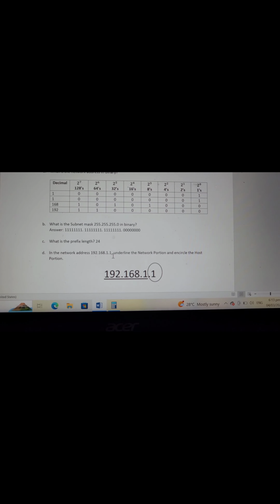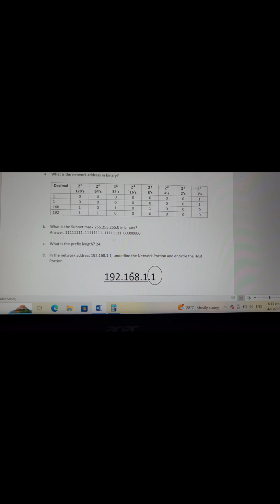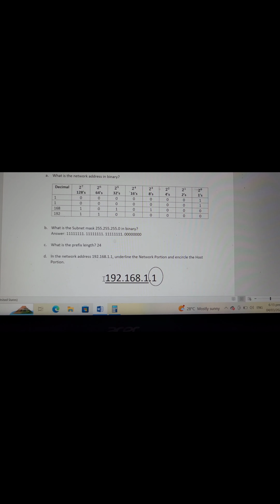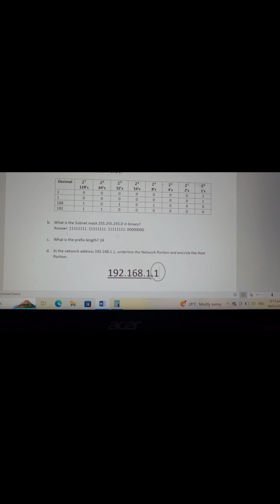Kaya nagkaroon siya ng 24. Tapos, in the network address, 192.168.1.1, we have to underline the network portion. Ito yung network portion niya. And then, this is the host portion.